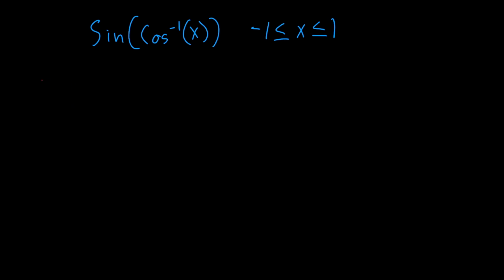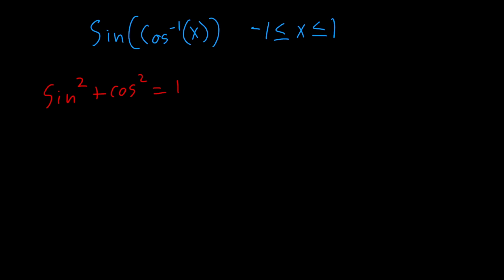And if you don't remember it, it is sine squared plus cosine squared is equal to 1. Now, the reason that this is important is we're going to say arc cosine of x is equal to theta. That's the first step.